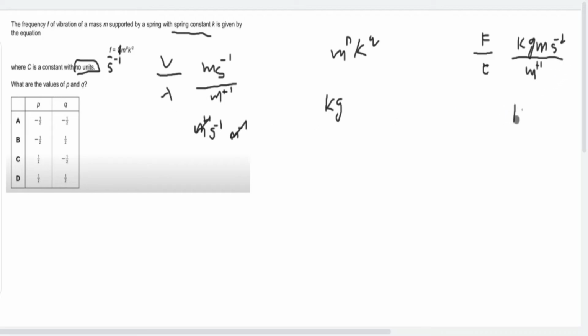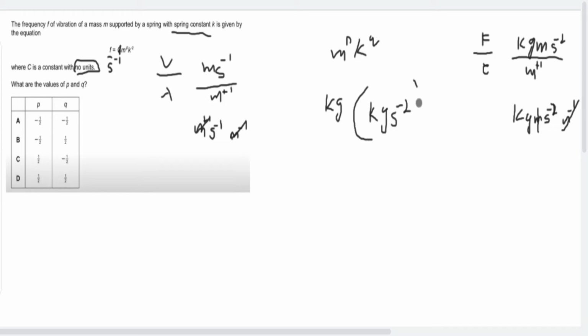So kg m s negative 2 and m negative 1. This m positive 1 and m negative 1 cancel each other out, and I'm left with kg s negative 2. So the spring constant will have the SI base unit of kg s negative 2.